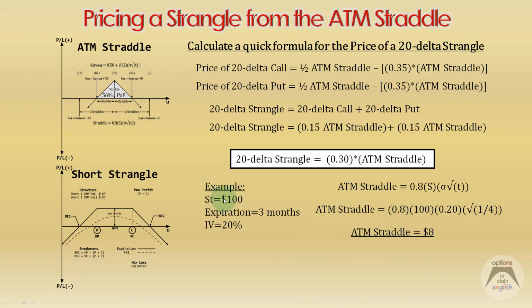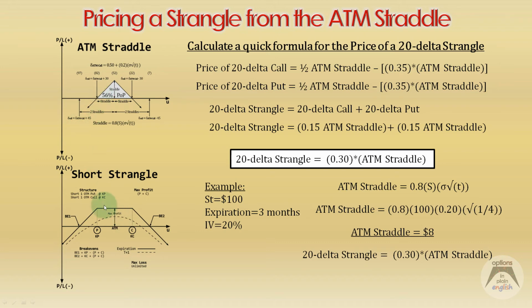Quickly, we just know this information. We can figure out what the at the money straddle is. Now, from that value, we can calculate the 20 delta strangle. So if I sell the at the money straddle for this example, I'm going to get $8. Okay? And I'm going to have a probability of profit of around 55, 56%, depends on skew and some other factors.